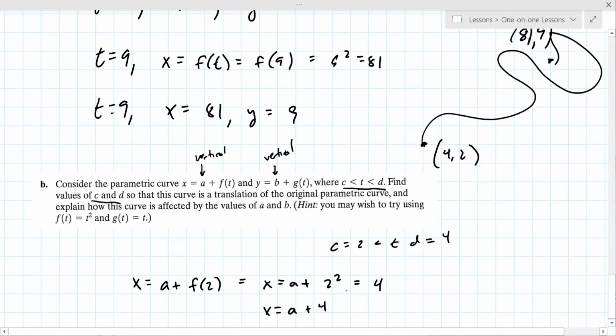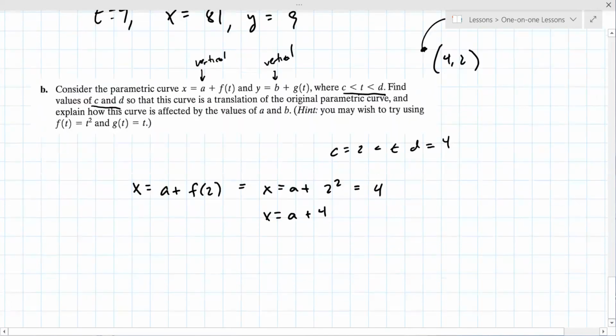But the thing is, it's really asking you to figure out how you figure out what these values C and D are, and they're related to this. This is really unclear, but if you subtract 4 from both sides, a equals x minus 4. Okay, and that means it's a translation of that amount.